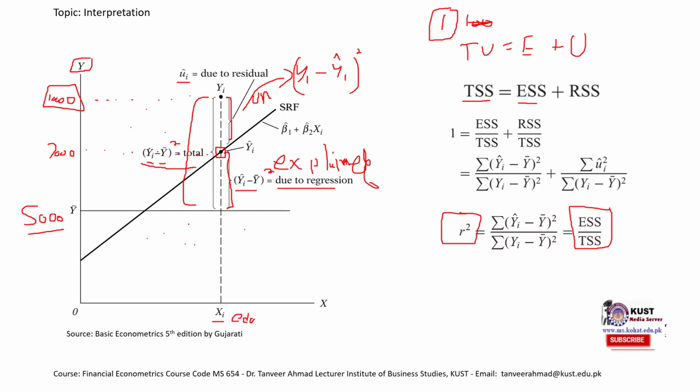We would divide this by total variation. So we have explained sum of squares divided by total sum of squares, that is the formula. Or we can write it in another form, which is that r square would also be equal to 1 minus residual sum of squares divided by total sum of squares. Remember, this is ESS divided by TSS. So we have algebraically converted this into this formula.